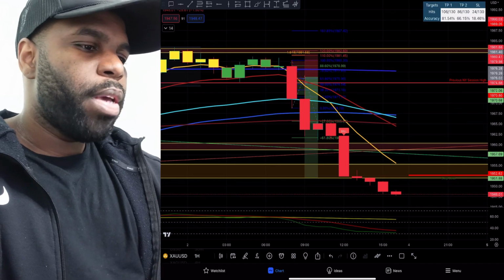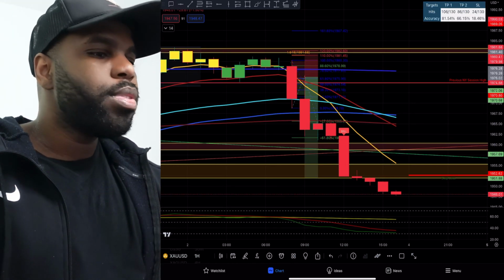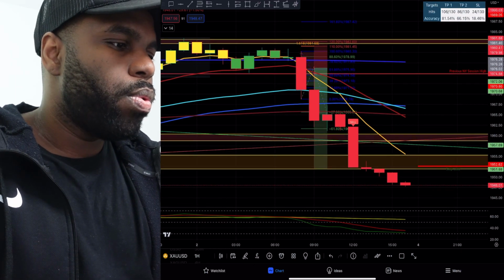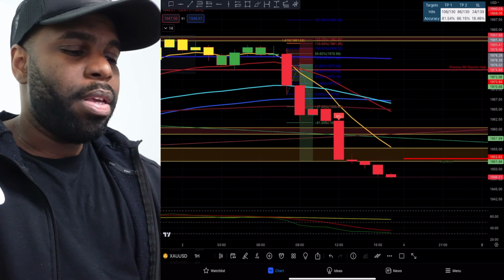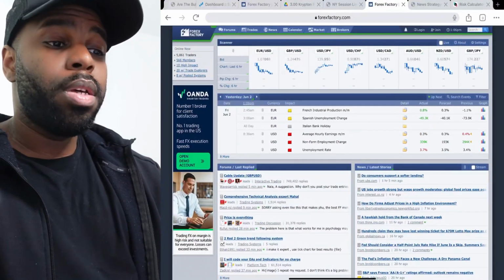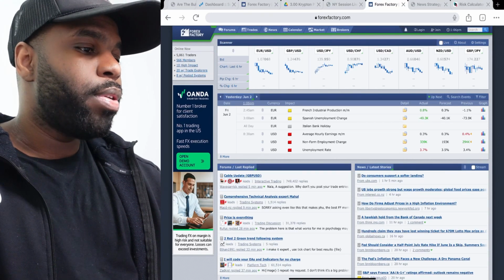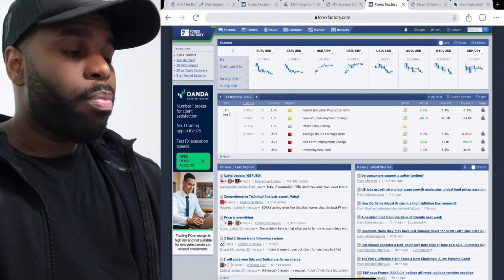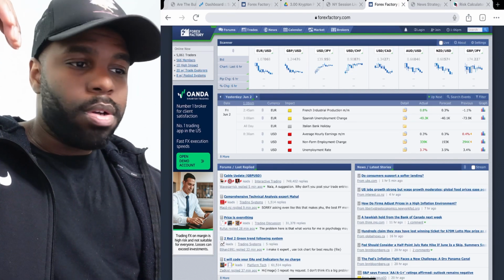I trade basically off of my zones, and then I might throw in my Fibonacci and do a couple of other things. But other than that, if you're trading NFP, the most important thing you need to look at is whether the actual is higher or lower than the forecast. Like I said, if the actual is higher than the forecast, I already know the market is going to start falling.